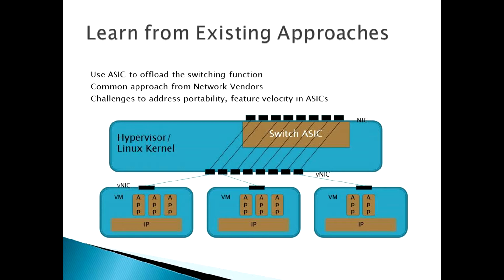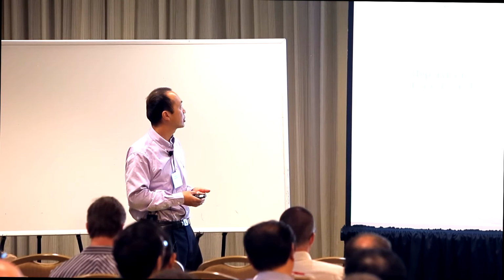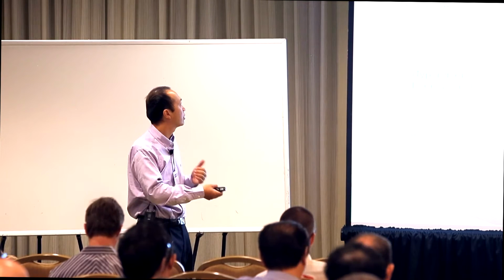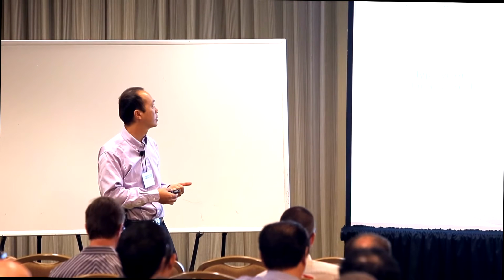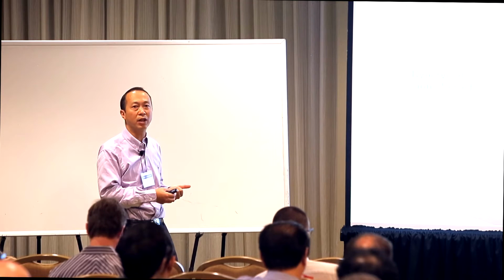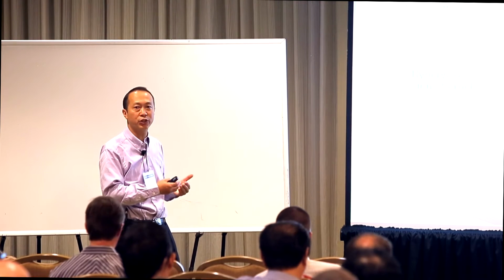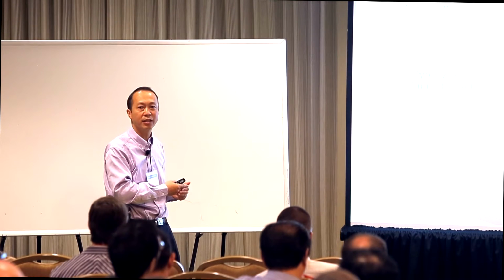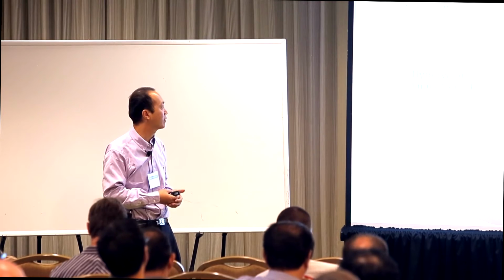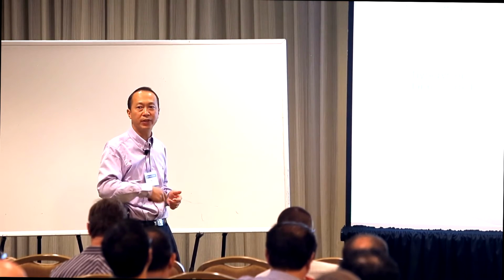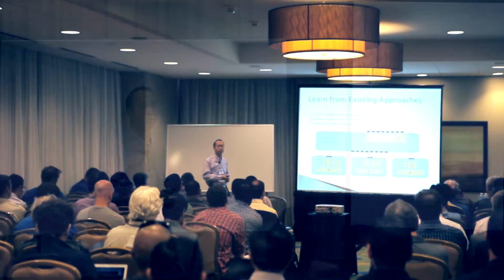This can definitely address the performance and feature requirements of the virtual machines. But it also introduces problems like portability and feature velocity. For example, if you need a feature that is not in the existing ASIC, like Broadcom or other ASICs, you might wait for another cycle for it to get onto the market.